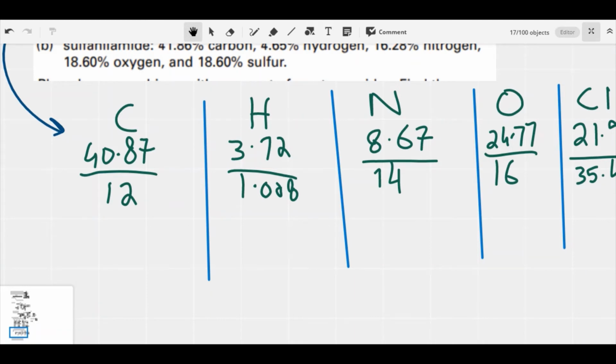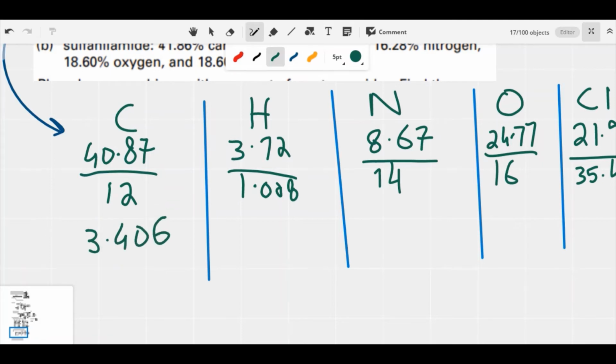When we divide, 40.87 divided by 12 gives 3.406. The next one, 3.72 divided by 1.008, gives 3.690.